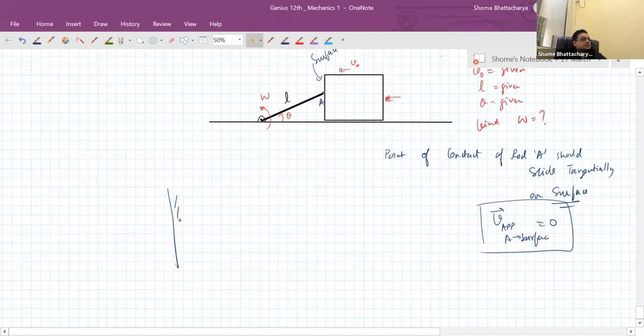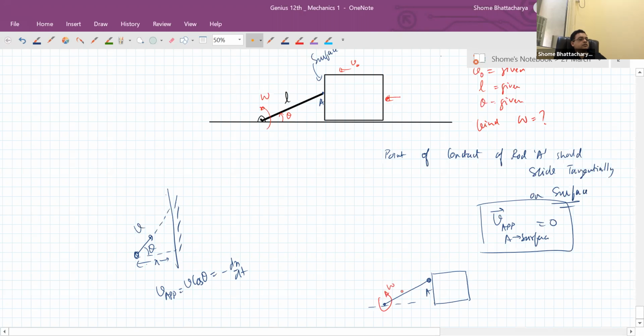So whenever we have a surface like this and a point is moving like this, the approach velocity is v cos theta, because it's the rate at which the perpendicular distance is decreasing. So here what is happening is that this point A, if this rod is rotating at omega like this, then this point has a velocity in this direction of L omega.